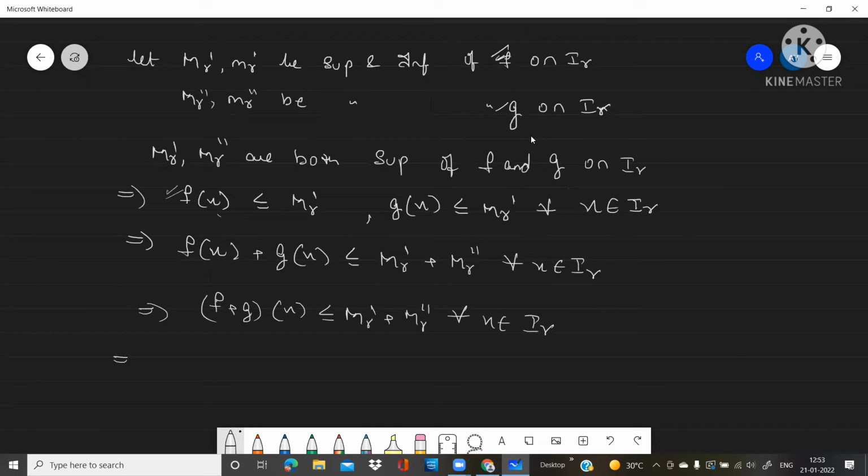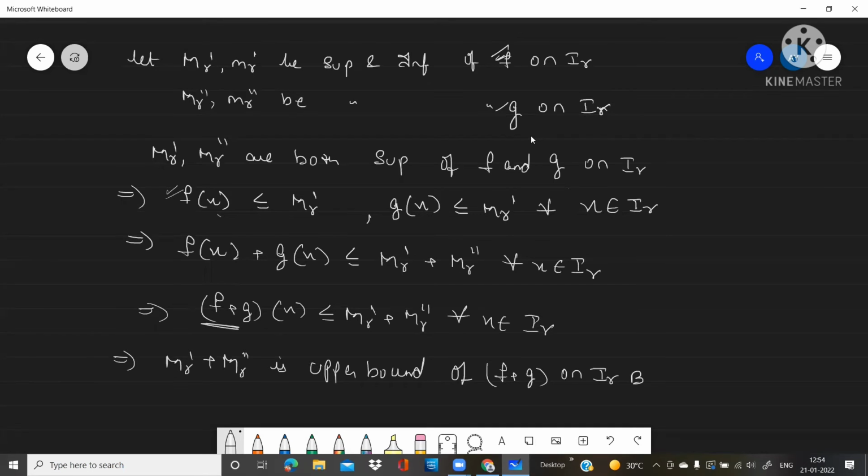So what can we conclude? MR dash plus MR double dash is an upper bound of f plus g on the interval IR.